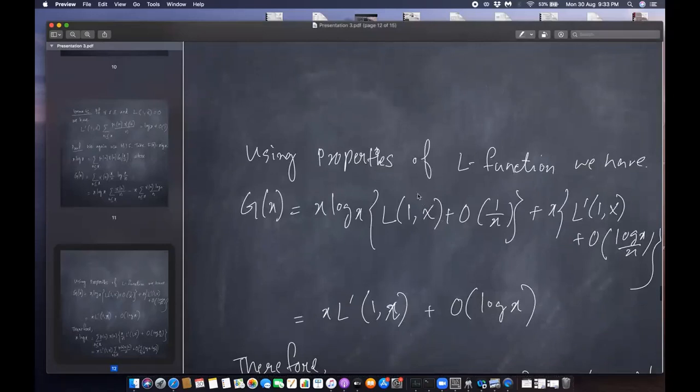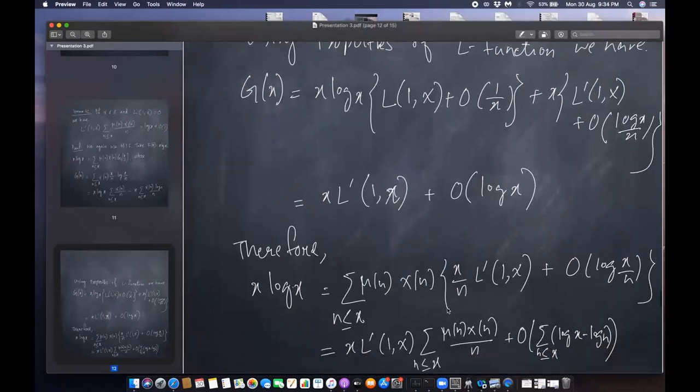And we have assumed that L of 1 chi is 0, so this will be 0, and we are left with x L prime of 1 chi plus big O of log of x, because if we push x inside, it is bounded by big O of log of x, and similarly this is bounded by big O of log of x.